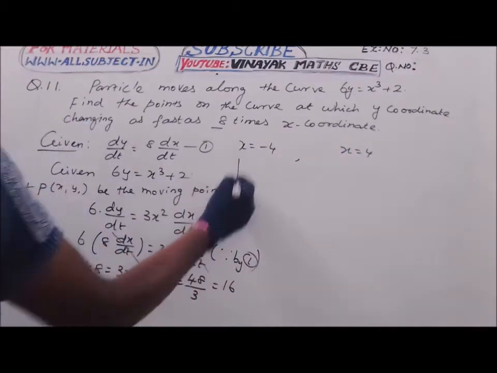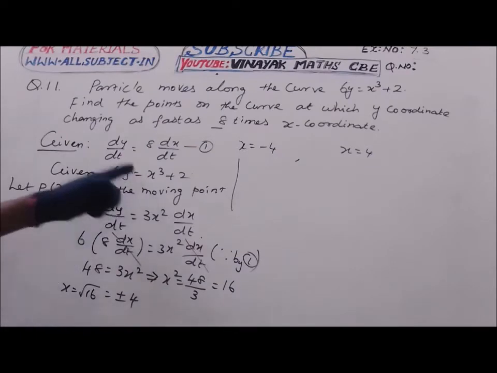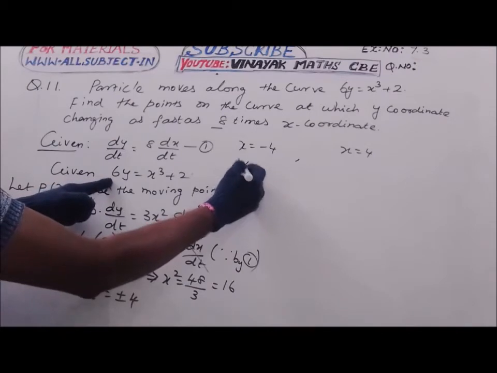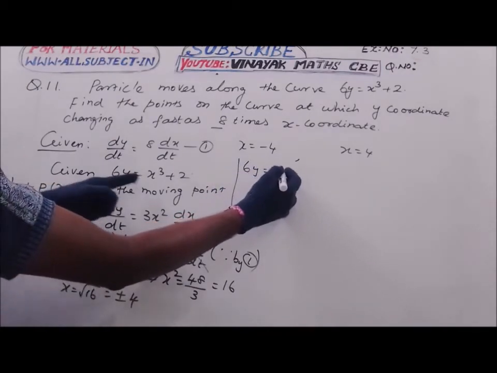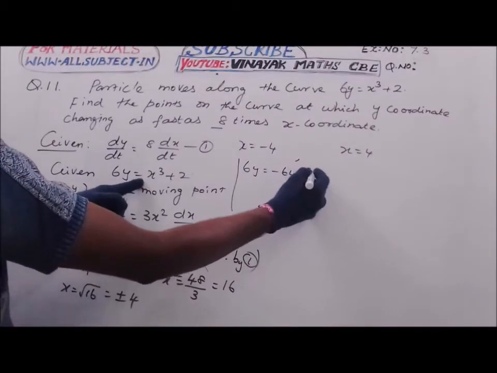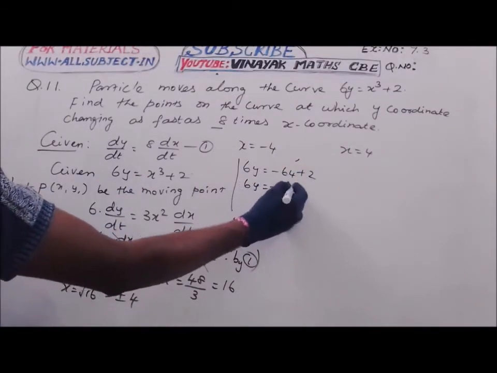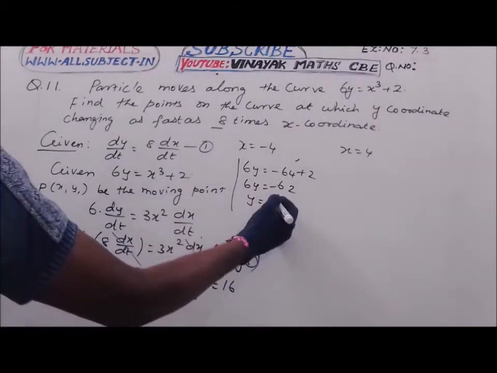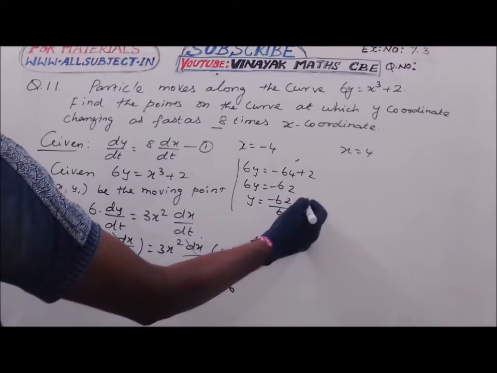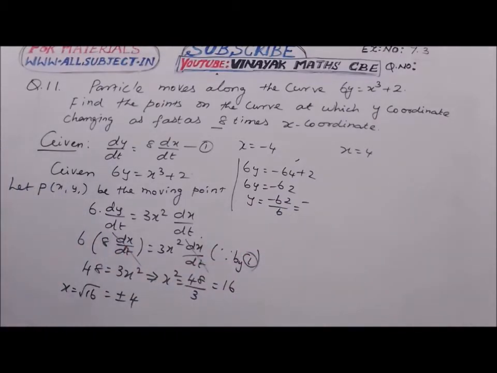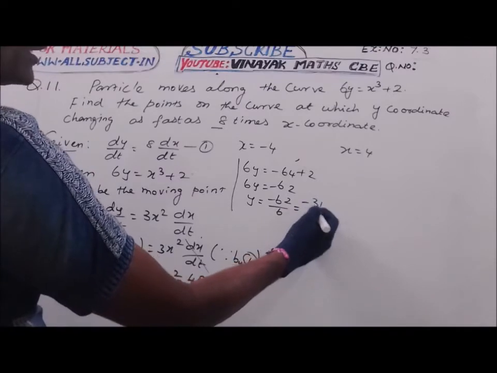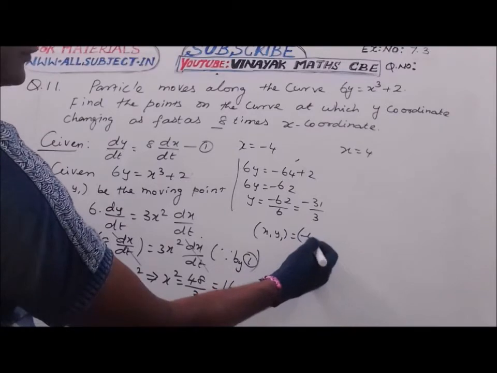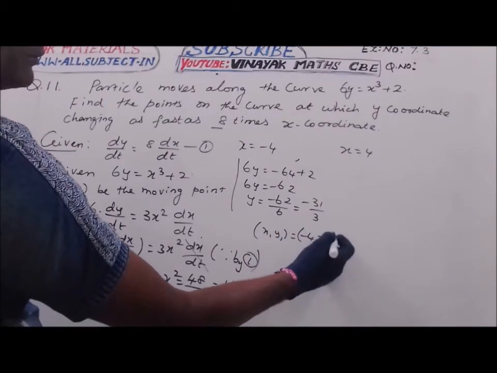When x is equal to minus 4, substituting in this equation, we will get 6y equal to minus 4 cube, which is minus 64, plus 2, and 6y equal to minus 62 and y equal to minus 62 by 6, that is, by cancelling 2, minus 31 by 3. Therefore the point x1 comma y1 is minus 4 comma minus 31 by 3.